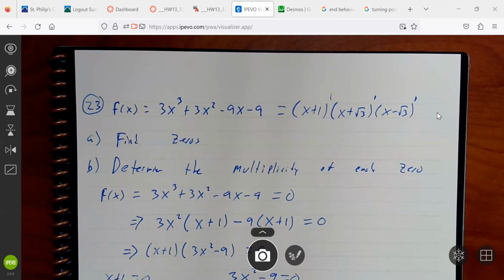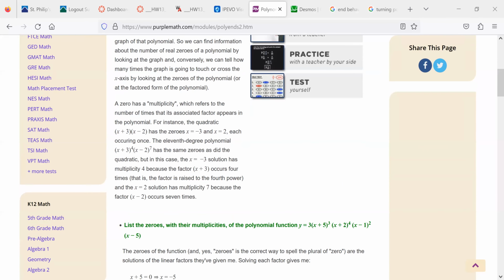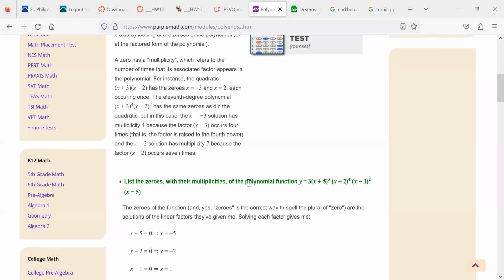This is a better example, just to get the point across. Can you see the purple math thing I opened? Yes. Okay. I mean, I'm sure you get it. I just want to make sure that everyone gets it.